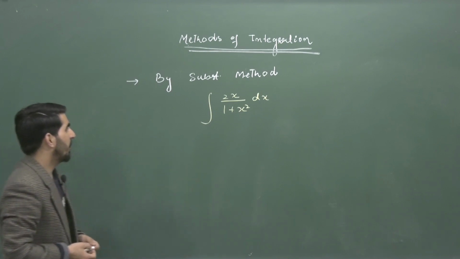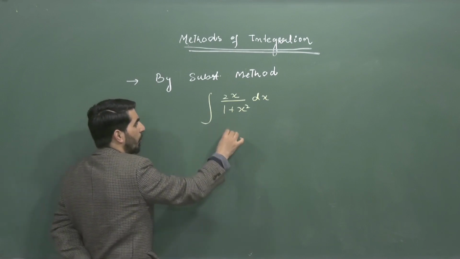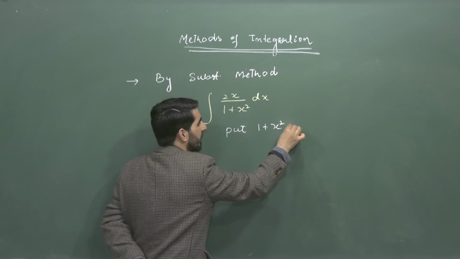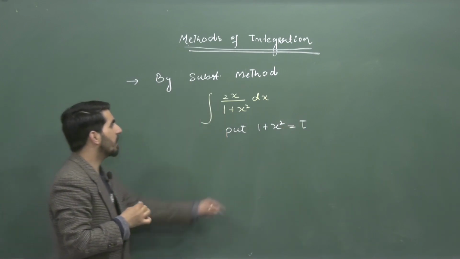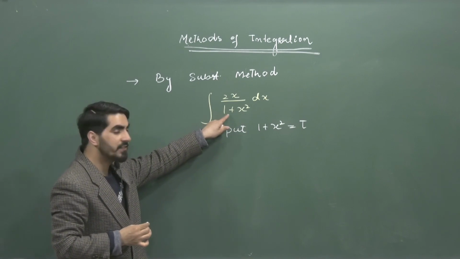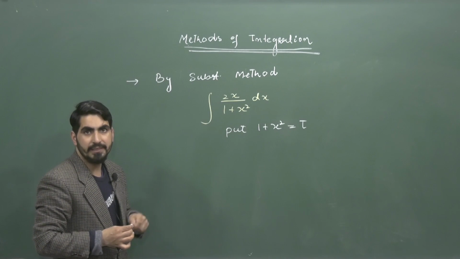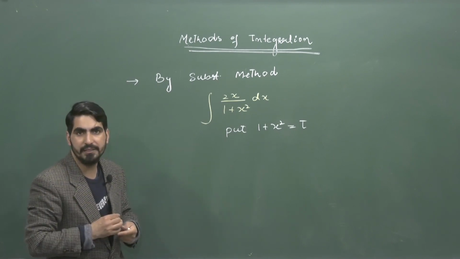The first step is to put 1 plus x square equal to t. Why? Because the differentiation of 1 plus x square is 2x.